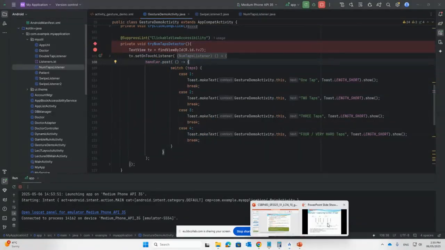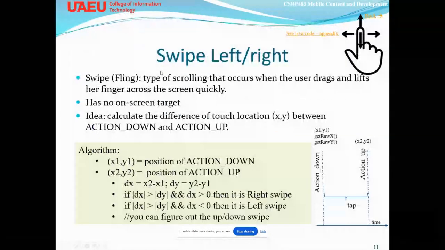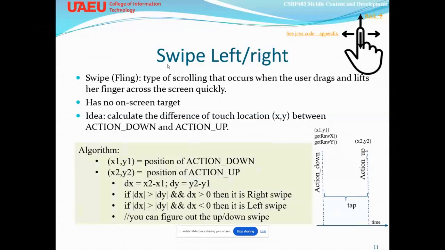Okay. Now, the second thing we will look at is how we can do swipe left and swipe right. Swiping is a kind of gesture where you need to specify a very quick and swift movement of your finger to the left, to the right, up and down.